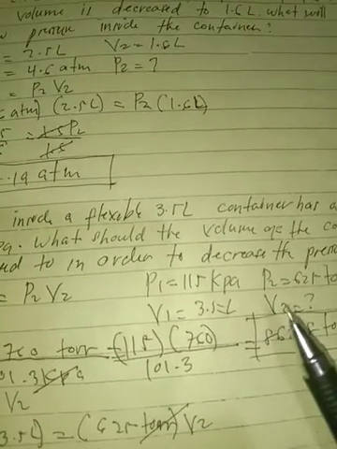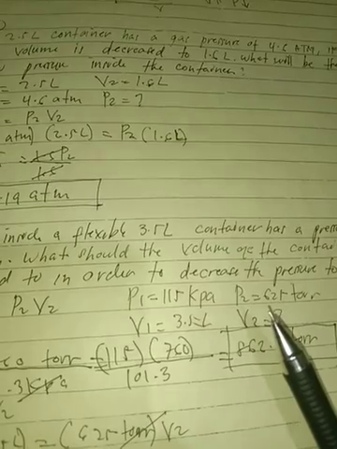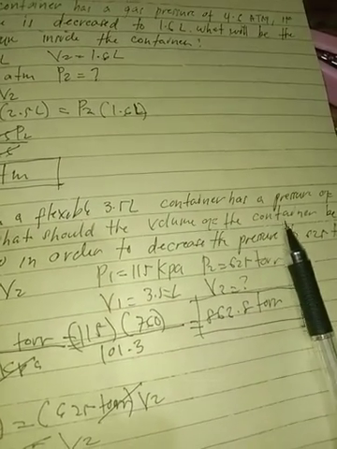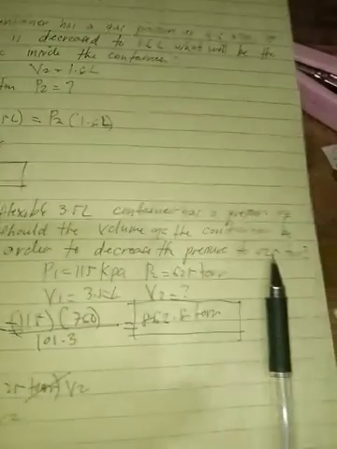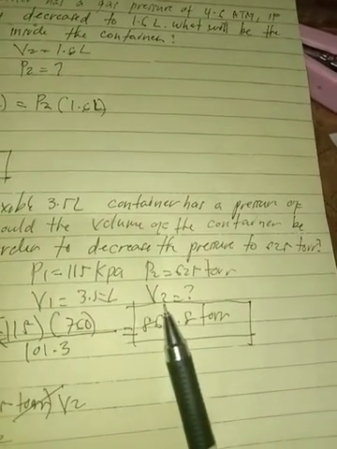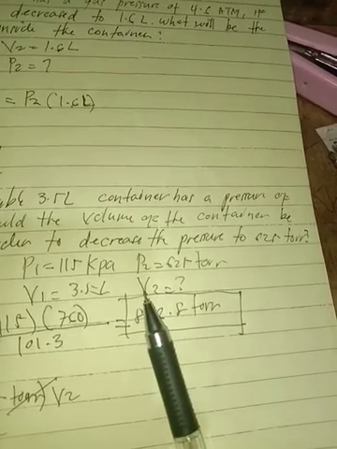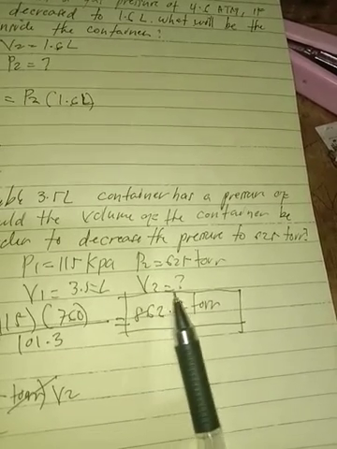Then our pressure 2 is 625 torr. And then our volume 2 is unknown, so we are going to find the value of our volume 2.